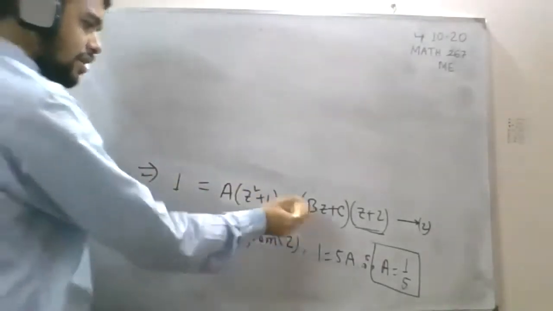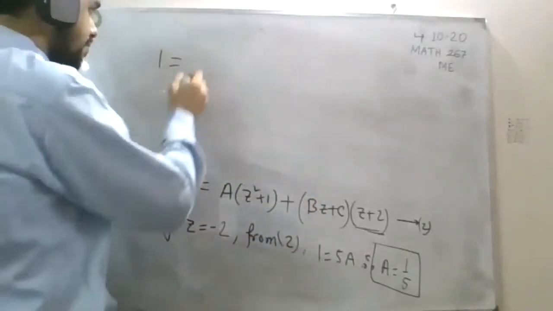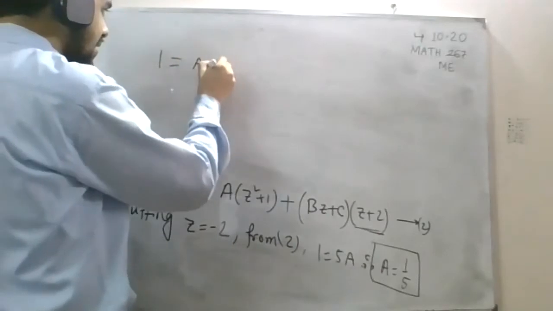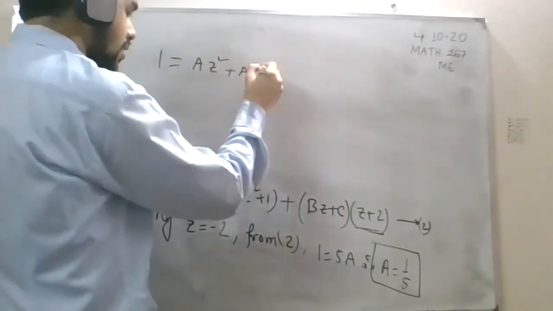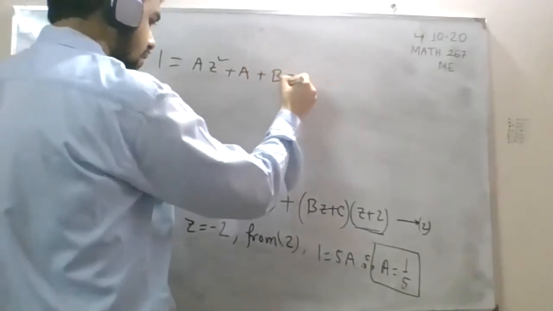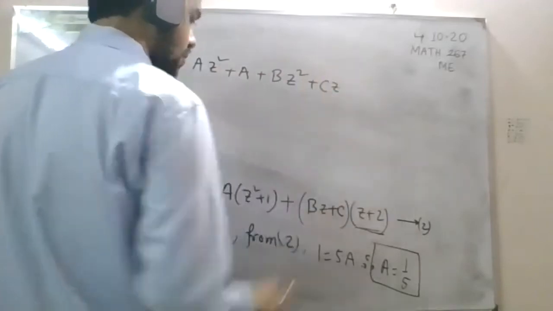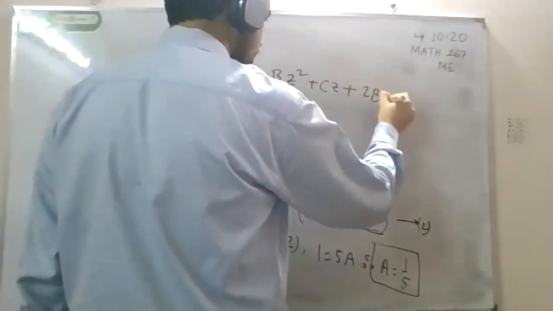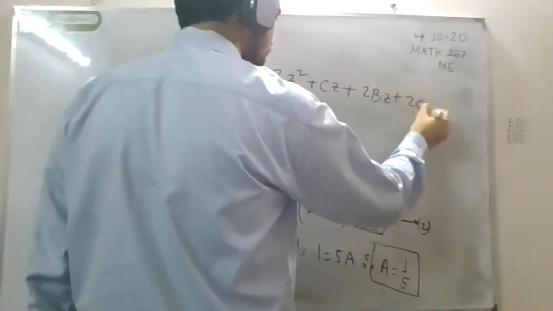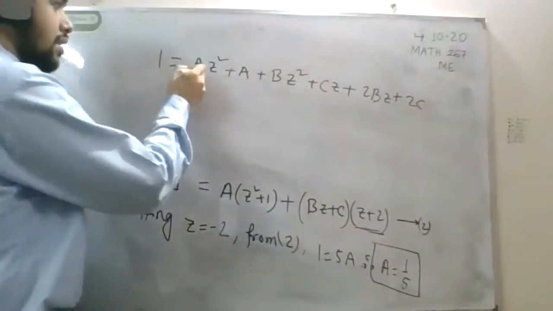You can rearrange this equation in this way, which is a z square plus a plus b z square plus cz and also plus 2bz plus 2c.